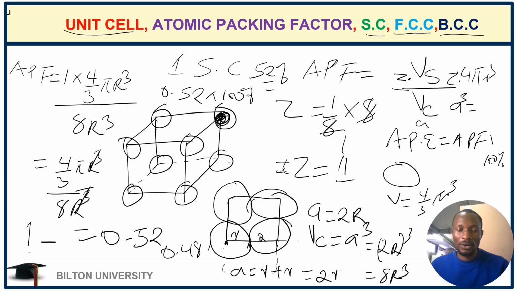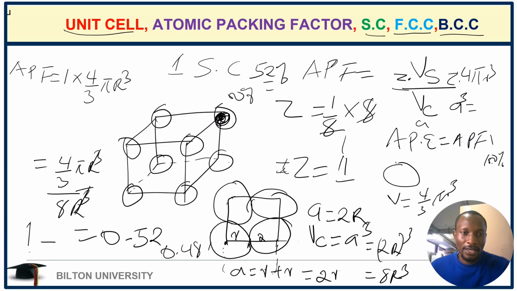There's what we call the coordination number. A coordination number is the number of the neighboring atoms in a unit cell. So I'm going to draw here and see what's the coordination number of simple cube. Let's take an example of this atom at the corner. We're saying that the coordination number Cn is the number of the neighboring atoms in a unit cell.